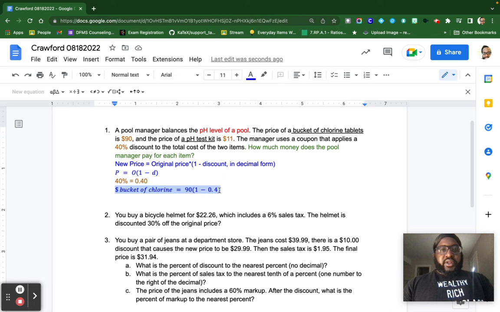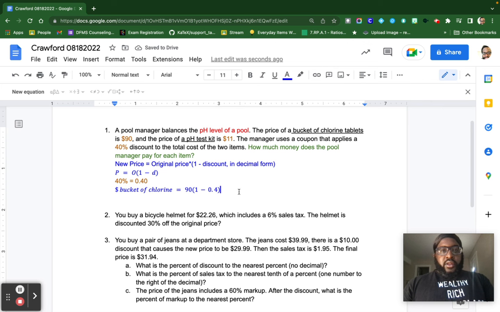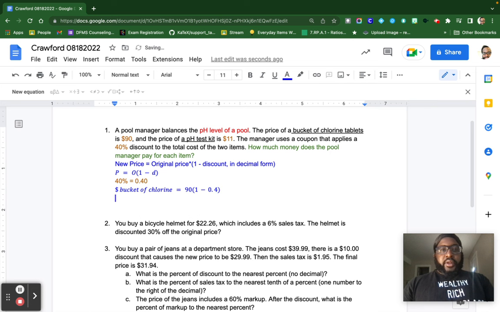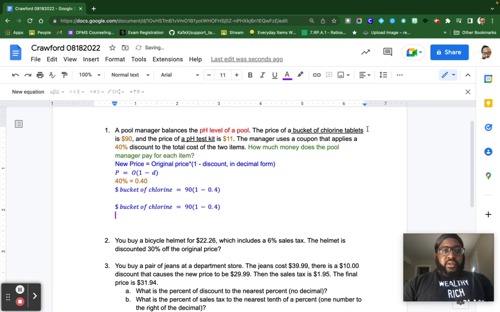And let me see if I can change this color inside. No, this is being a meanie. That's okay. Now, I'm going to do another copy and paste, simply because I don't want to rewrite 0.4 since I know I'm going to use that again. I know the second item costs $11.